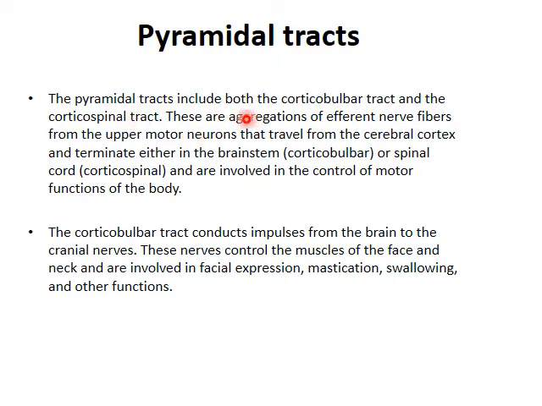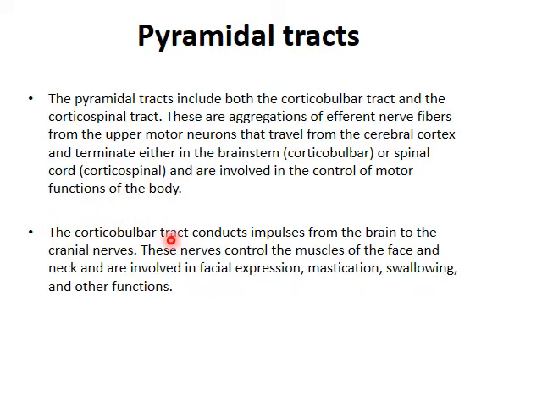These tracts are aggregations of efferent nerve fibers from upper motor neurons, traveling from the cerebral cortex and terminating in the brain stem, the corticobulbar tract, or terminating in the spinal cord, the corticospinal tract. And these tracts are involved in controlling motor functions of the body.